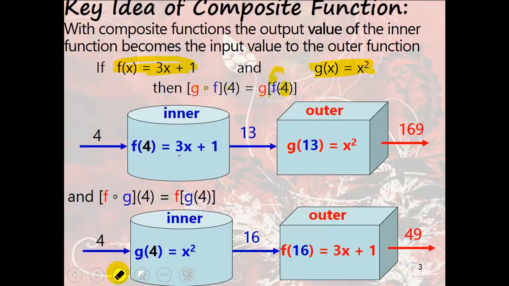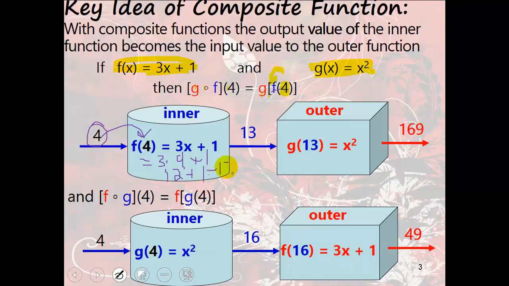G of f of 4 says take 4 and plug it into f. So I'm going to evaluate f at 4, and that's going to give me 3 times 4 plus 1. That gives me 12 plus 1, which is equal to 13.